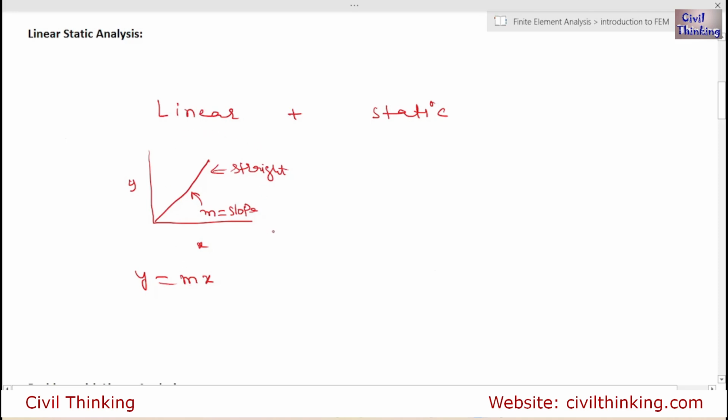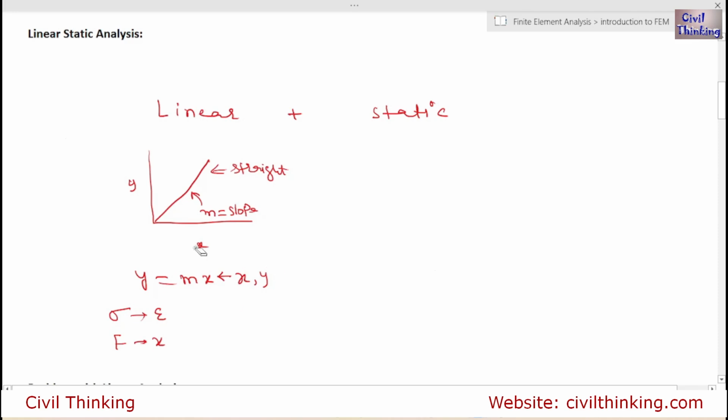Now, in case of the finite element method, what do we exactly mean? We mean when there is a linear relation between stress and strain, or force and displacement, the way we have a linear relation between x and y in this equation.